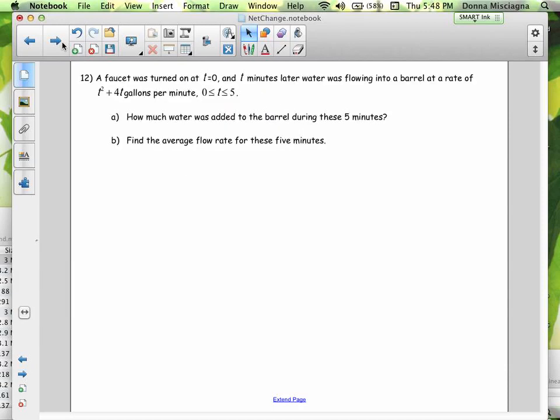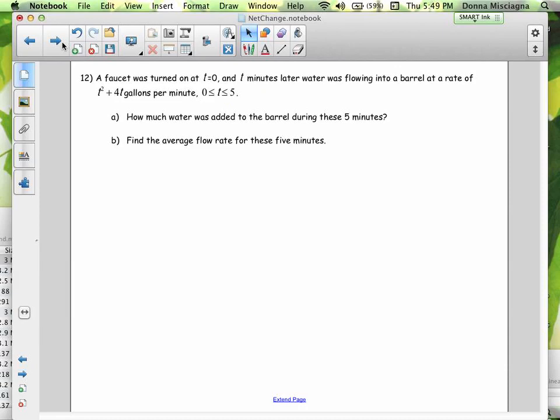I think this might be my last question. Well, let's find out. A faucet was turned on at t equals 0, and t minutes later, water was flowing into a barrel at a rate of t squared plus 4t gallons per minute. How much water was added to the barrel during these 5 minutes, and what is the average flow for these 5 minutes?